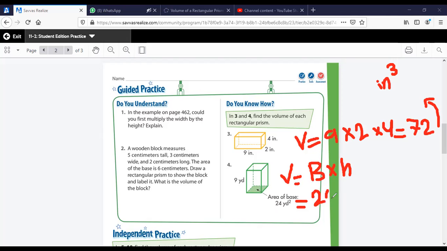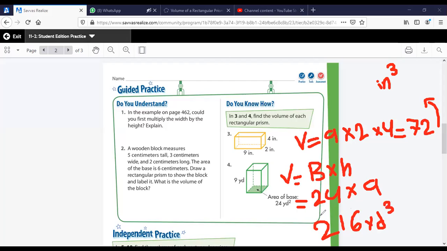So we have 24 times the height, which is 9. Now all you need to do is multiply this times this. Now we have 240 minus 24, 216, I guess. So 216. Now, because here we are talking about yards, you see, the unit here is yard, so that will be yard cubed.